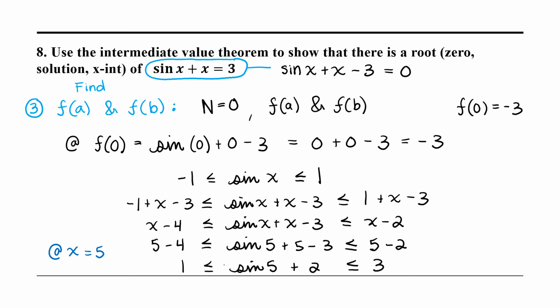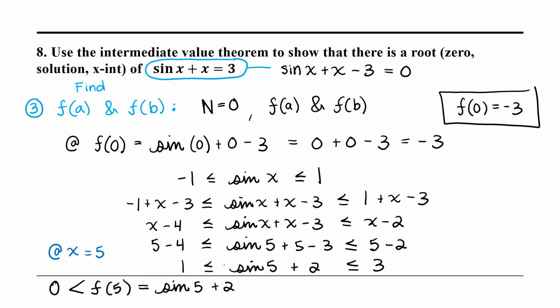And what this means is that f of 5, which is equal to sine of 5 plus 2, is going to be a positive number, because if it's greater than 1, it's going to be greater than 0. So we have our f of a and our f of b that we need.